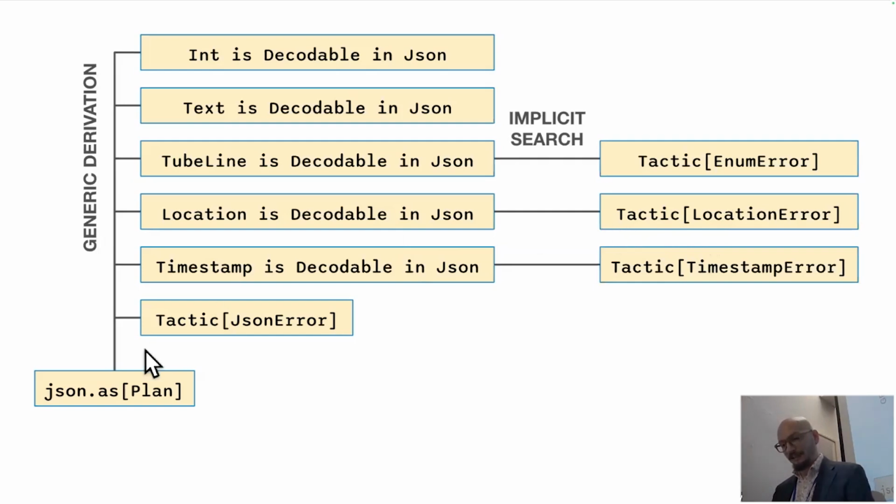What that means is that when you call .as on a complex type, you might be demanding all kinds of handling requirements that the compiler is going to enforce. The compiler will not let that code compile unless it knows how it's handling all the possible errors that might occur.